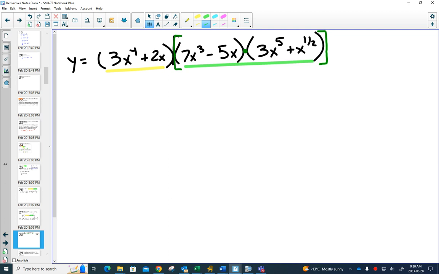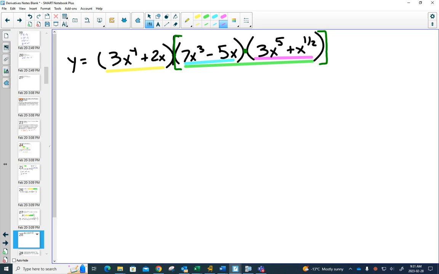Okay? And then I want you to notice that in the green one, you have multiplication: this one multiplied by this one. And this is the powerful thing about calculus: if you can keep the rule in your head working through, then we can do complicated questions.